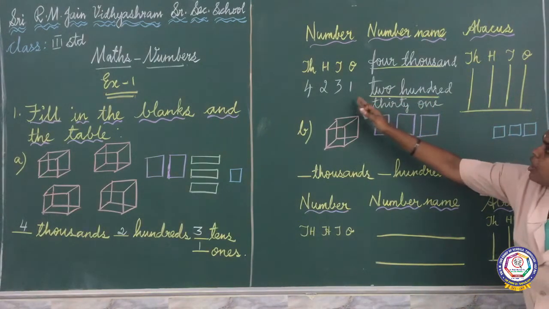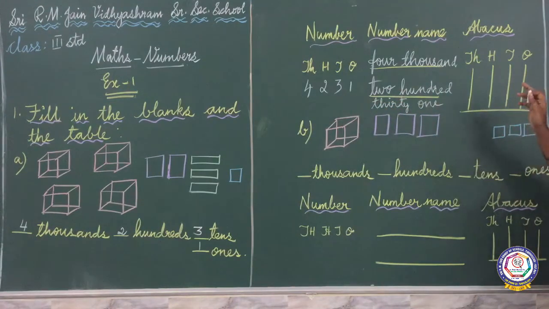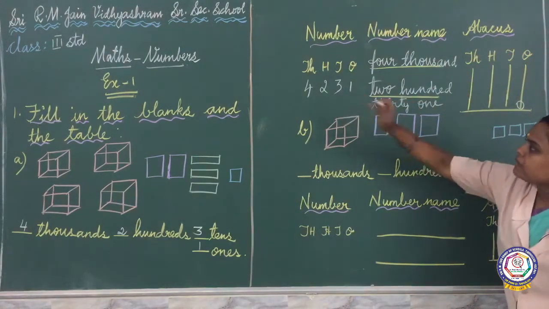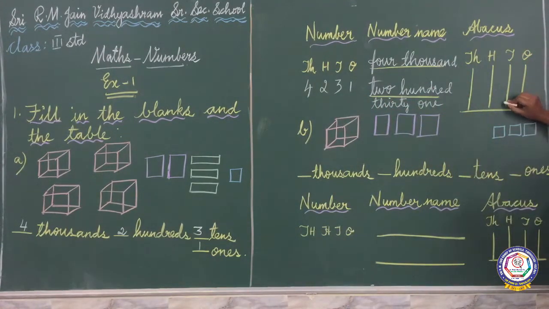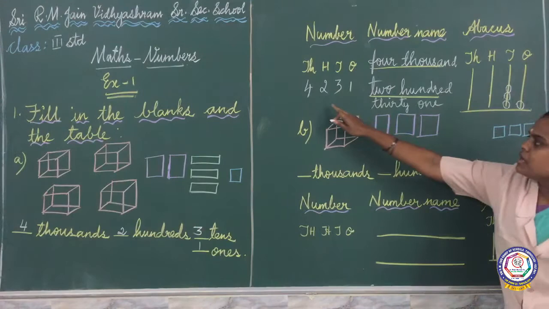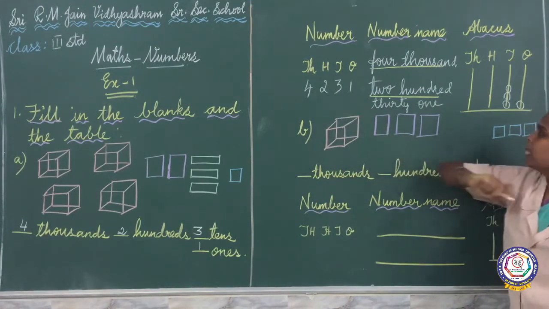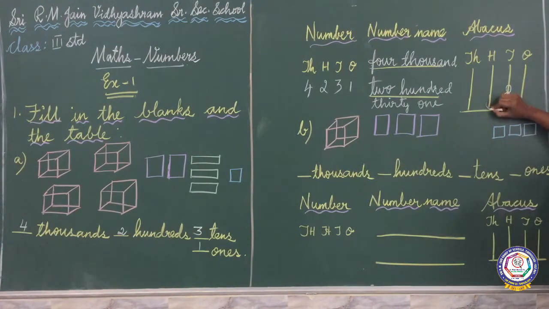See here, how many ones are there? Only 1. So you draw only 1 bead. Then tens. In tens place what is there? 3. So you draw 3 beads. Next hundreds. How many hundreds are there? 2. So you draw 2 beads.